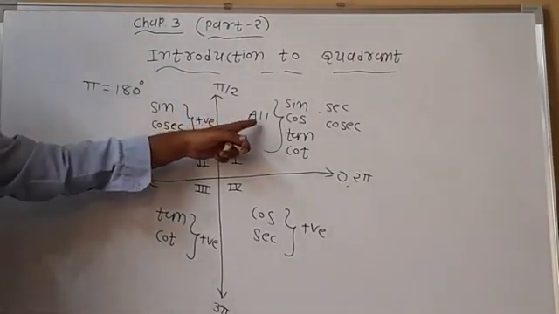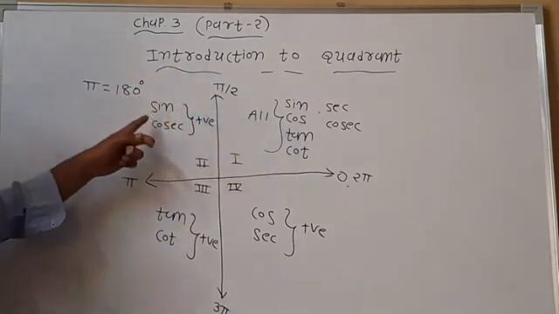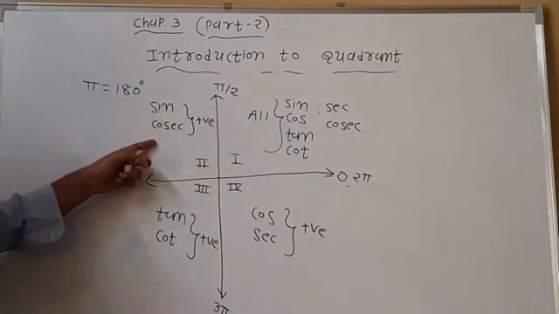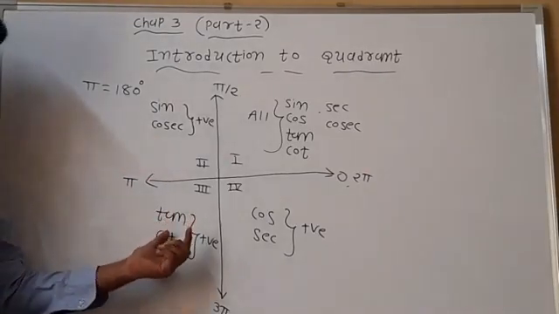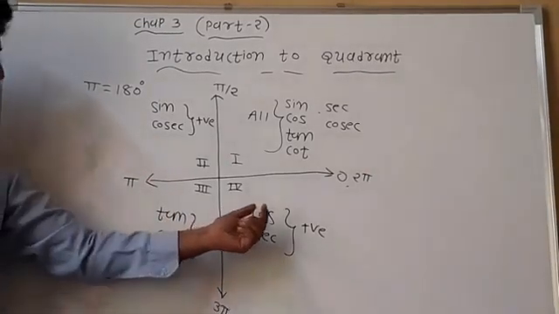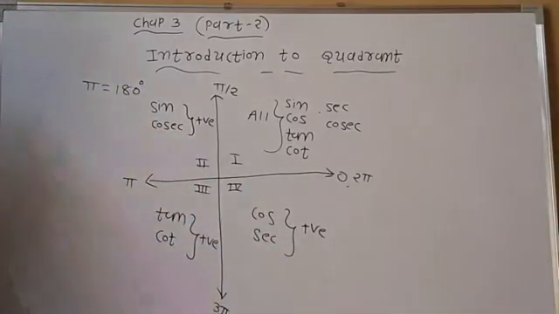So in the first quadrant all functions are positive. In the second quadrant only sine and cosec are positive. In the third quadrant tan and cot are positive, and in the fourth quadrant cos and sec are positive.